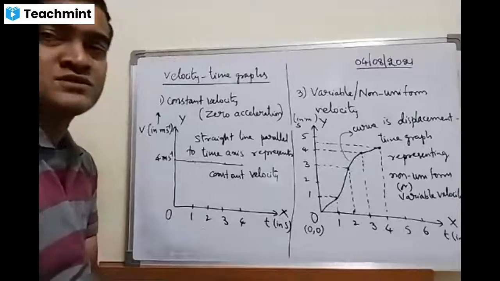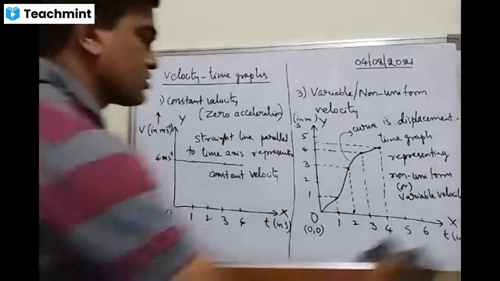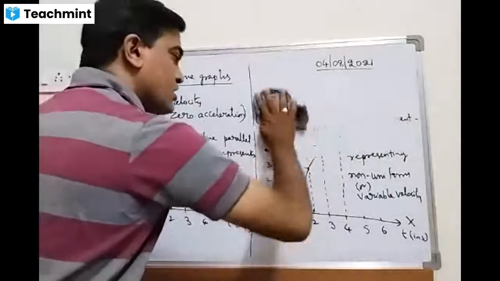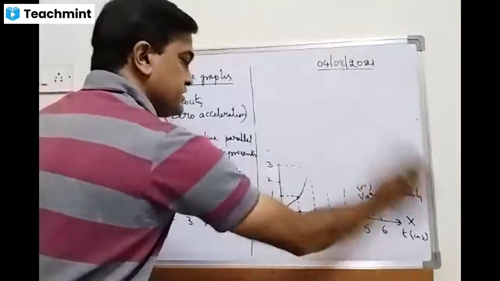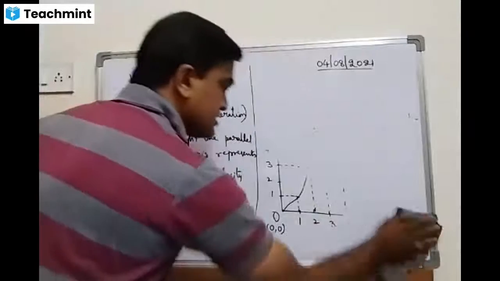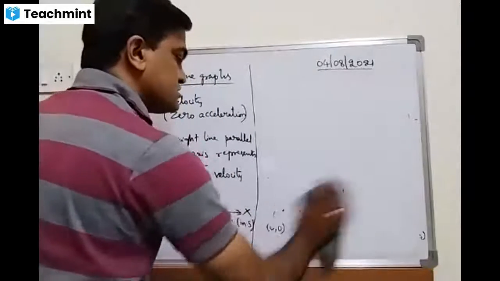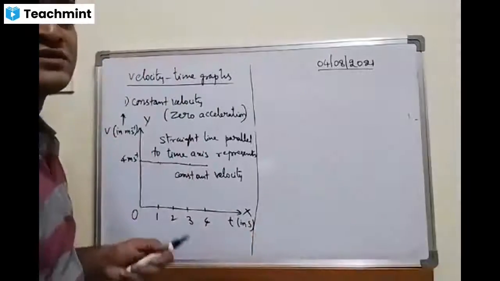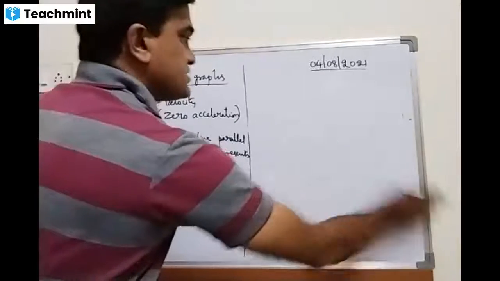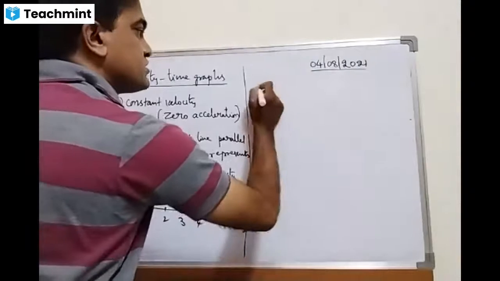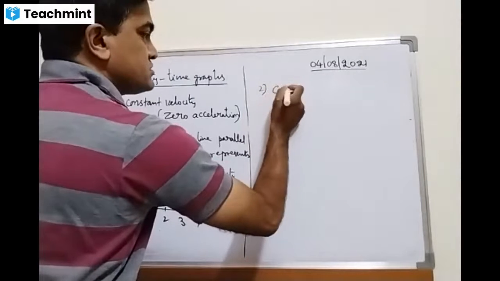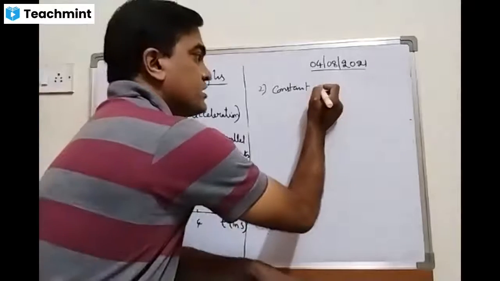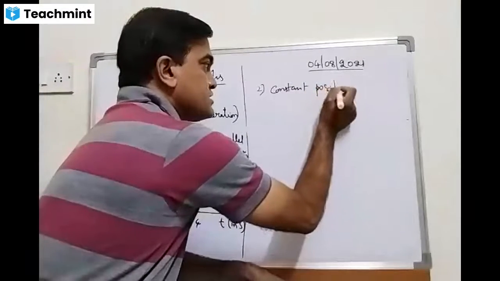Now let me discuss the second graph, that is constant acceleration. First one is constant velocity, or I can say zero acceleration. Now the second one is where acceleration is constant, or I can say constant positive acceleration.